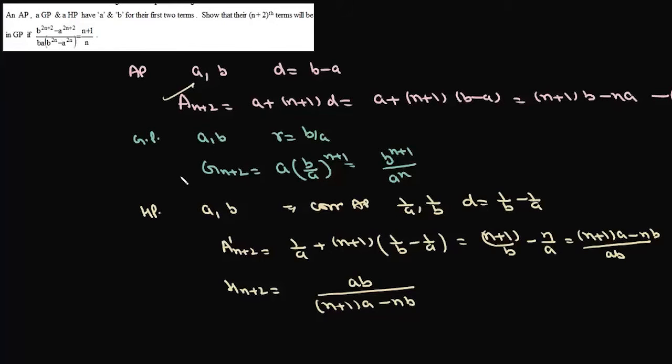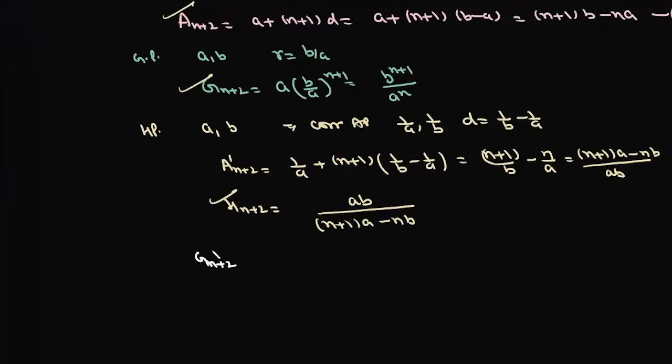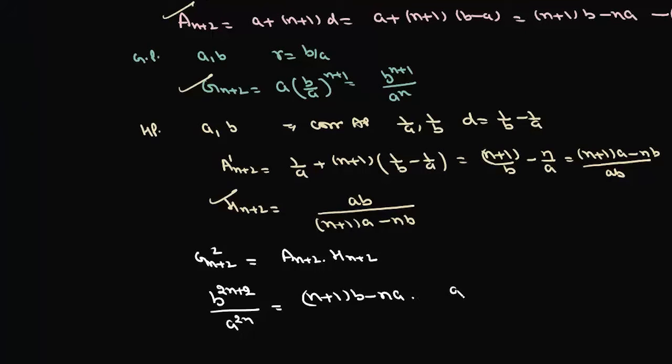Now we have these three terms, and it says these three terms are in GP. So if these three terms are in GP, we can write G(n plus 2) square will be equal to A(n plus 2) into H(n plus 2). Now this G square will be b to the power 2n plus 2 upon a to the power 2n, and this A(n plus 2) is (n plus 1)b minus na into, and this H is ab upon ((n plus 1)a minus n into b).